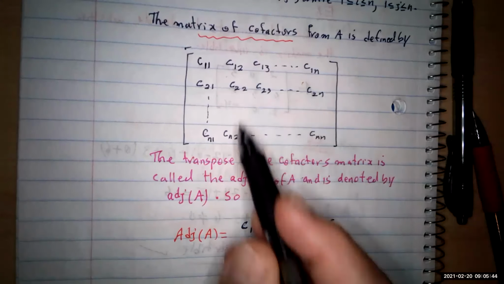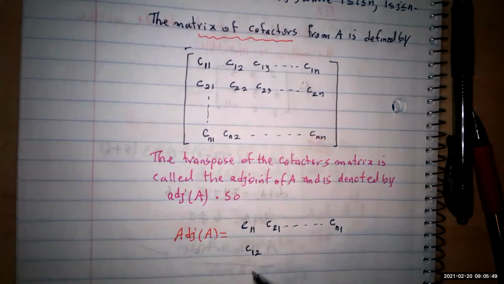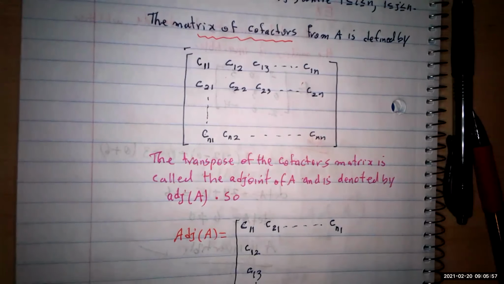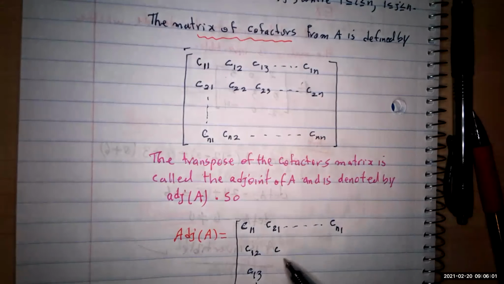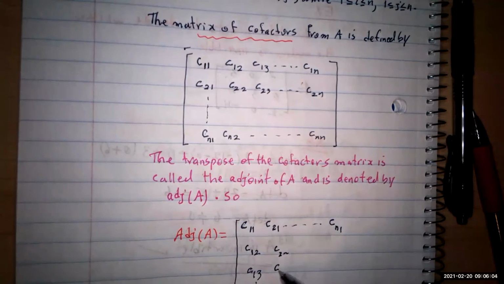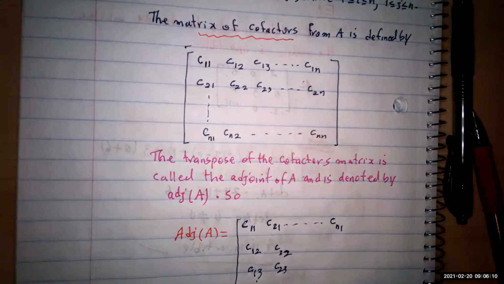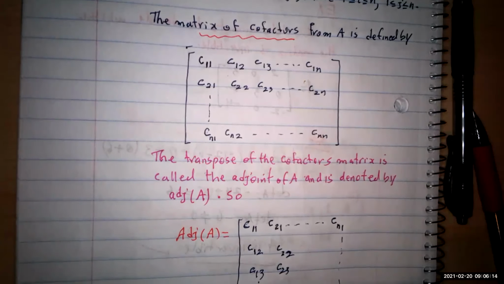Then the same thing, you bring this one down, so that's going to be C12, C22, up to Cn2, and the next column C1n, C2n, and then you continue to get to the last part, which is Cnn.